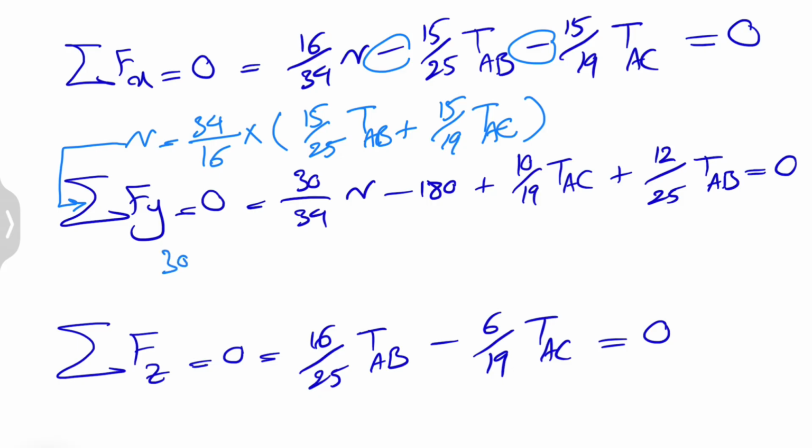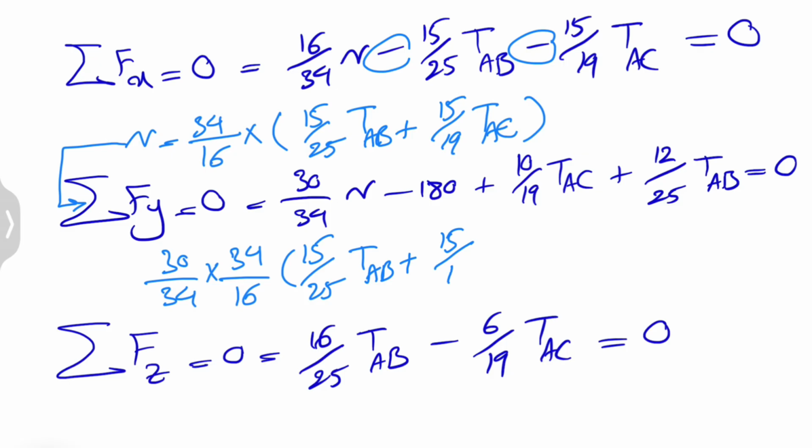So we're gonna have 30 over 34 times n, which is what we have in the previous step. So 34 over 16, 15 over 25 TAB plus 15 over 19 TAC, plus the rest of the equation, which is this part.